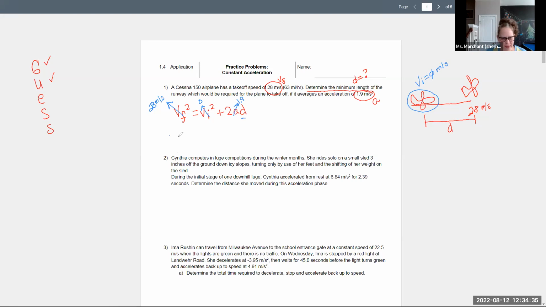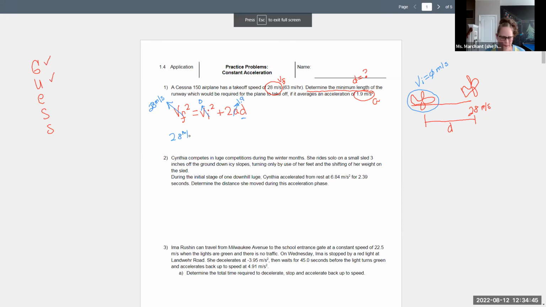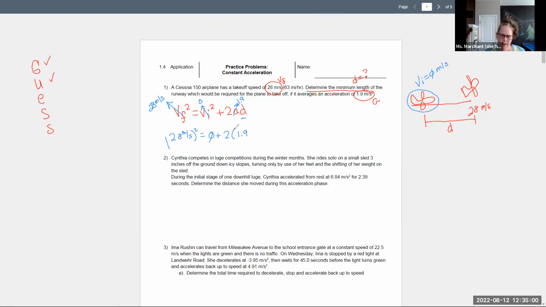So when you're setting it up here to show the work, you would say 28 meters per second squared equals 0 plus 2 times 1.9 times distance.